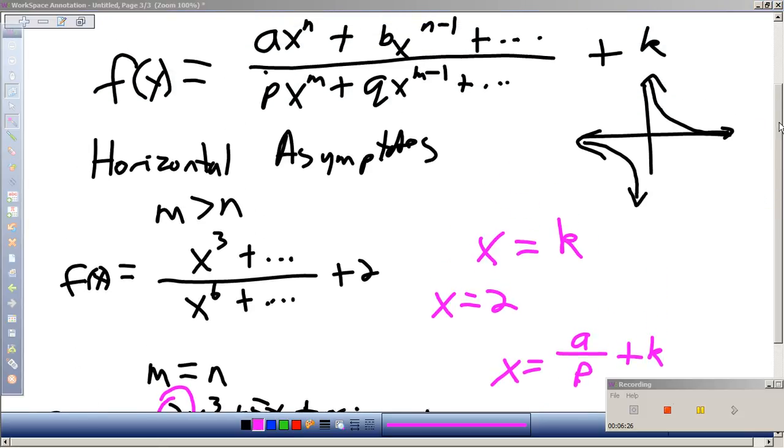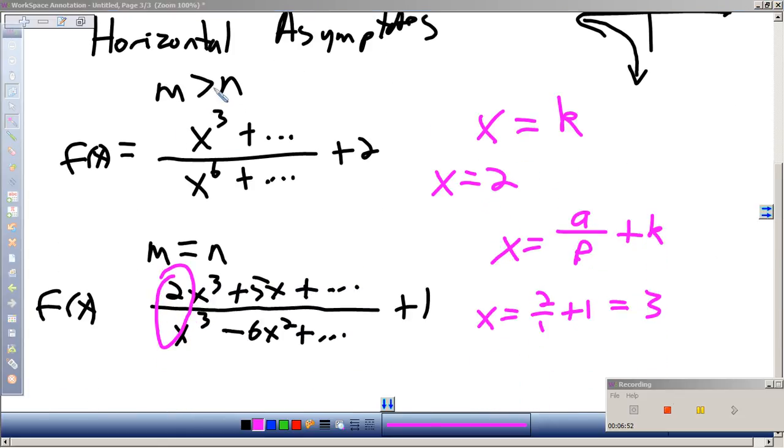The goal is you take your coefficient on the top, divide by the coefficient on the bottom, and then add whatever constant you have. Everybody clear on that? Remember, this is what we were talking about when we were talking about end behavior of the graph. So when we have rational functions, end behavior is what you're asking for.